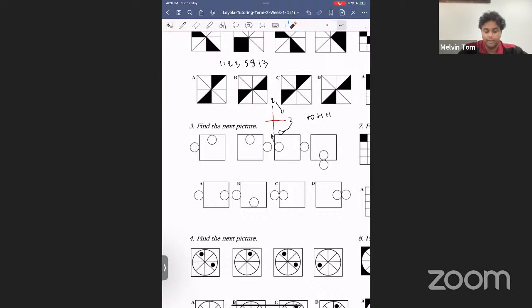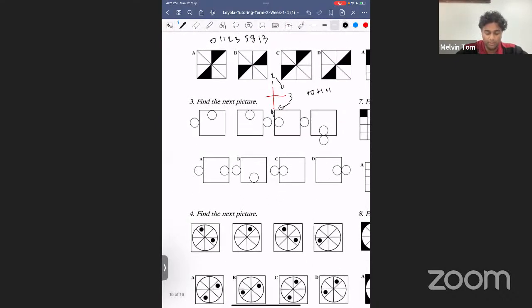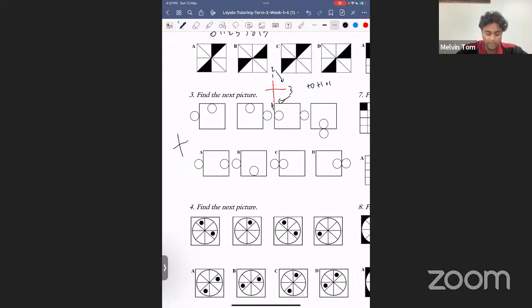So maybe it could be that sequence: 0, 1, 1, 0, 1, 1. Could be that. But I just don't think it makes that much sense. Let's see if there's a simpler pattern. If there's a simpler pattern for the outside one, it could be right. Otherwise, we're just going to have to try again.